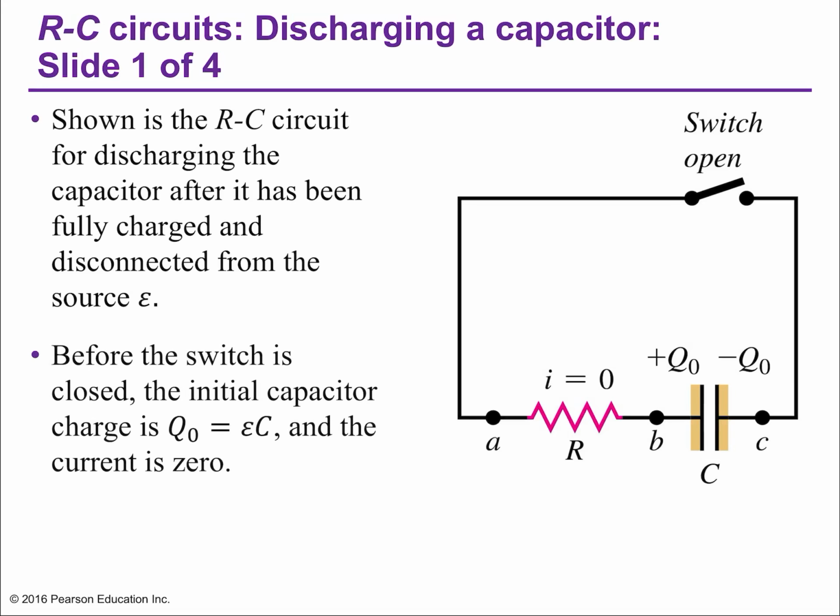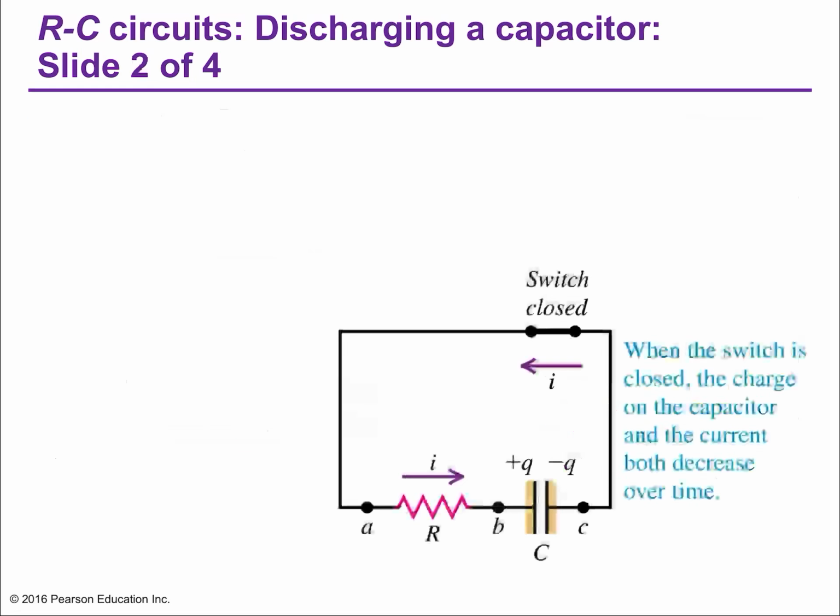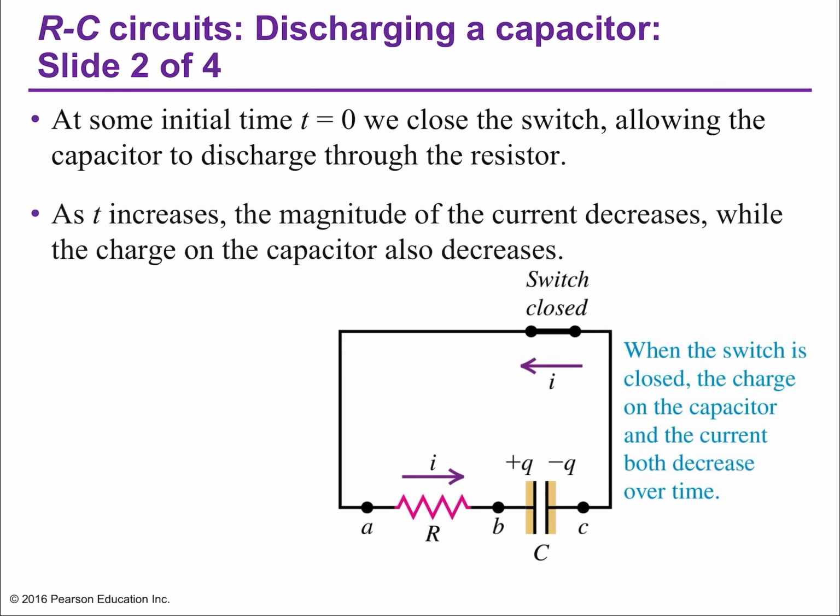So when you take the source of the EMF away, notice that the initial charge on the plates is the same as the final charge of the charging circuit, that is E multiplied by C. Then you can just go ahead and write down the initial loop equation that we had and eliminate the EMF.